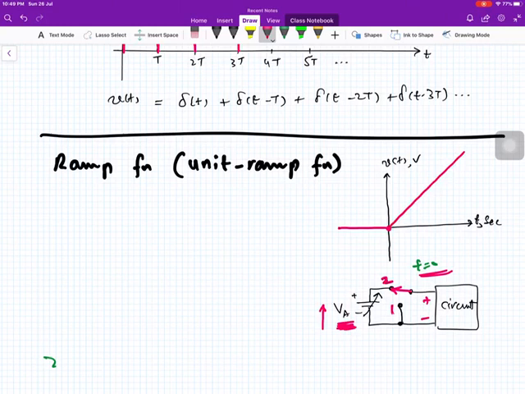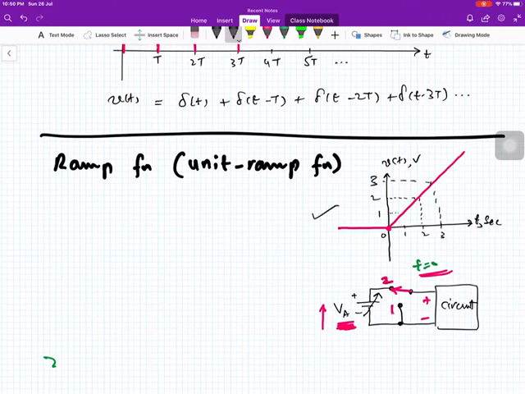And what is the rate of this increment? Say this is 1 second, 2 seconds and 3 seconds. At 0 seconds it is 0 volt, at 1 second it is 1 volt, at 2 seconds it is 2 volts, and at 3 seconds it is 3, then its waveform will be like this.